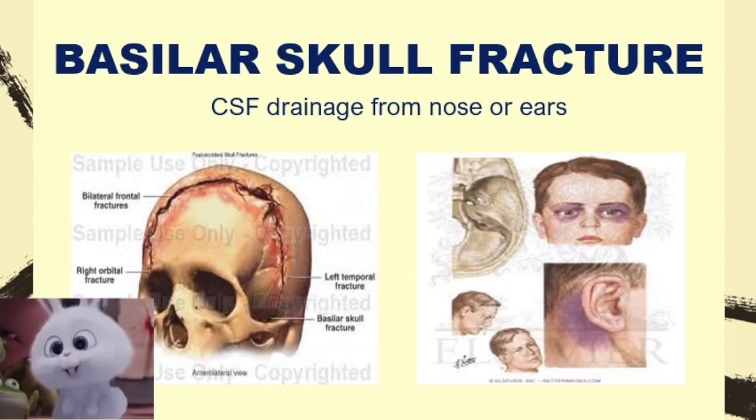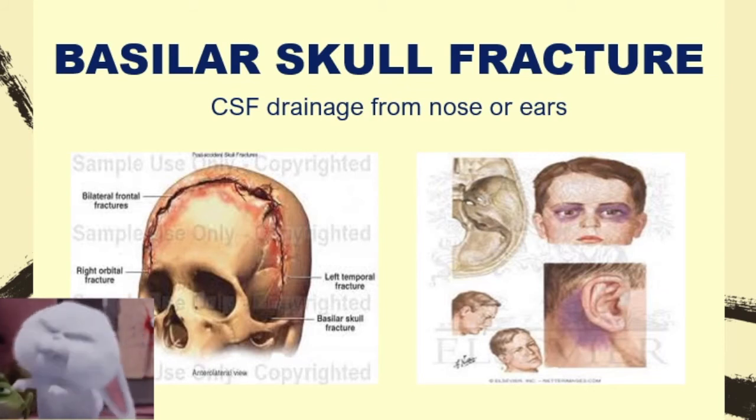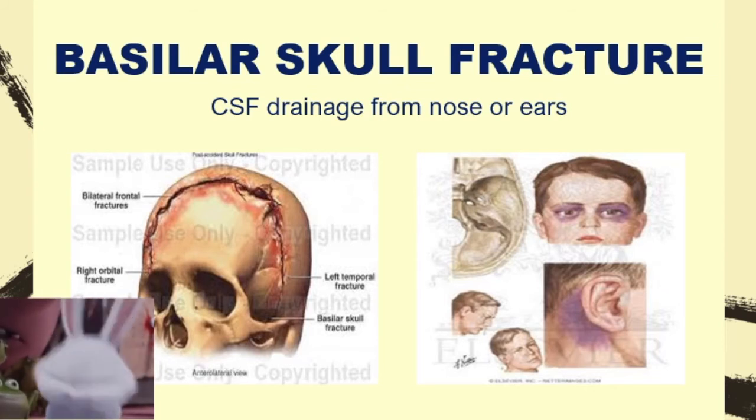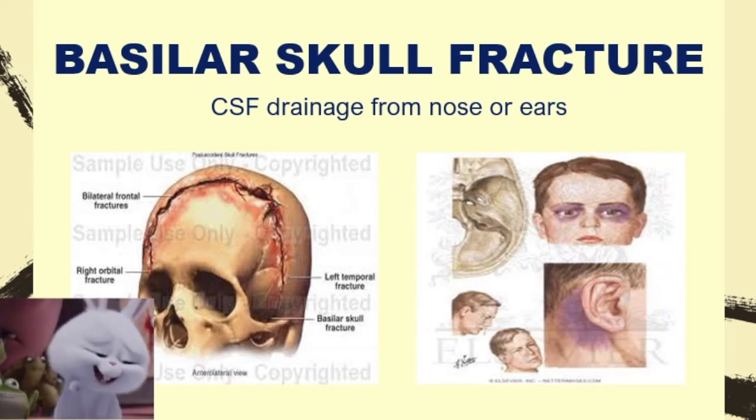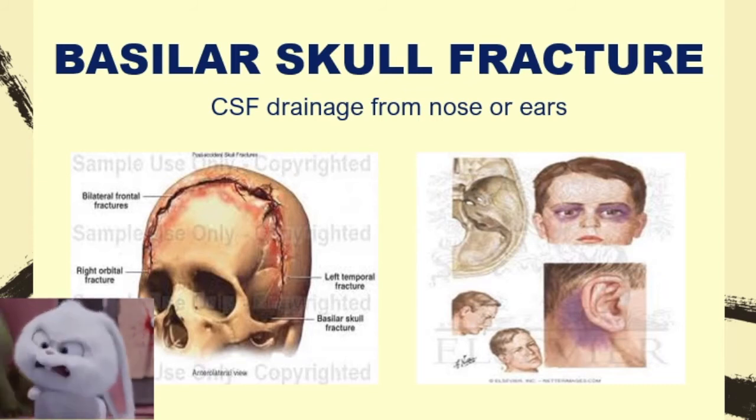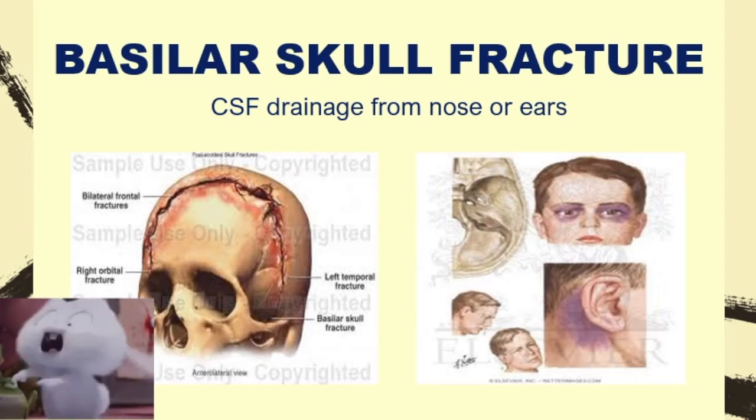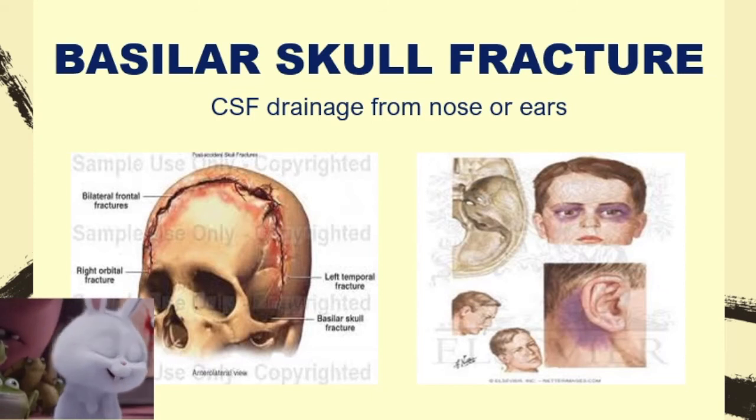That is your CSF separating its components. Just drop the fluid on a piece of paper and you would see the halo surrounding the drop. That would indicate that your patient's CSF is leaking through the nose or through the ears.